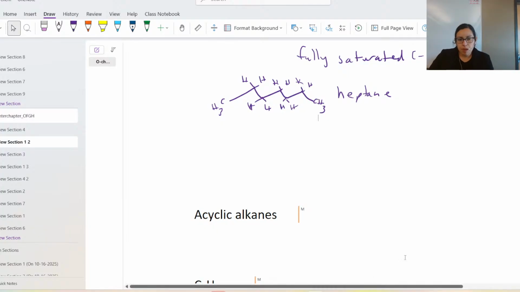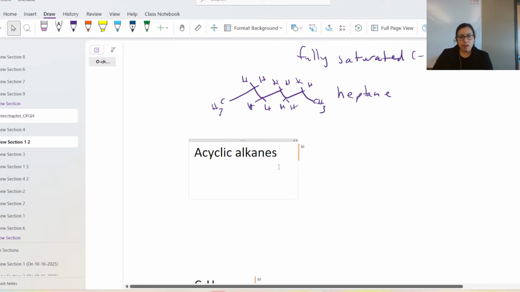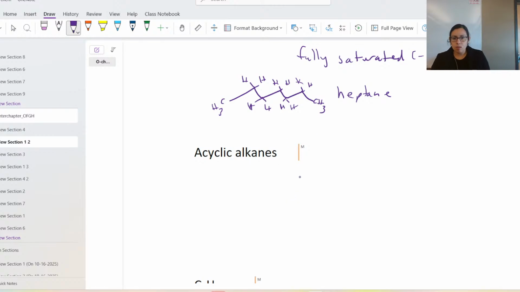And then more specifically, we have what are called acyclic alkanes. So this would just be like we drew above: straight chain or branched.